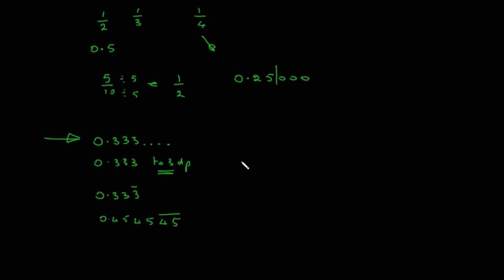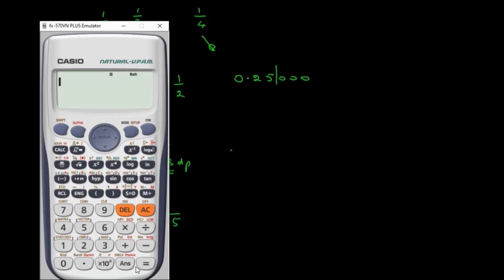If the numbers never repeat and the decimals keep going on, I'll give you an example. Shift pi. Give me the decimal, thank you. There's absolutely no repeats. Believe me, there's no repeats. It stops on the calculator because the calculator can't do any more decimal places than that.